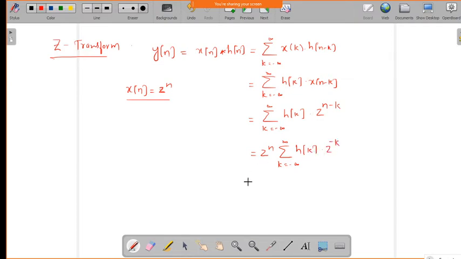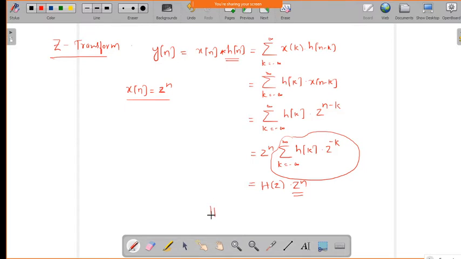This summation we can represent as H of z, times z power n. Whatever the summation is, it involves the impulse response h of n of the discrete time system, and this z domain expression represents the z transform of the signal.